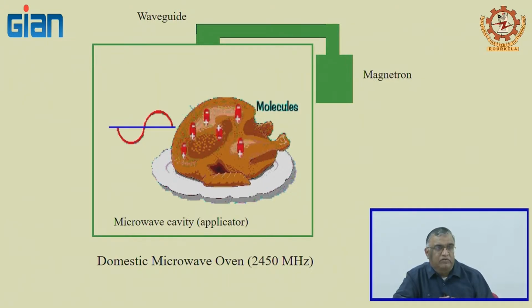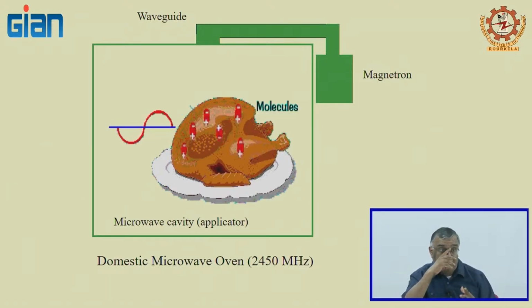So the sample is going to absorb microwave, and how does microwave heat the food? The simple answer is that most food substances have water, and water is basically trying to follow the microwave. I mentioned 915 megahertz or 2450 megahertz.